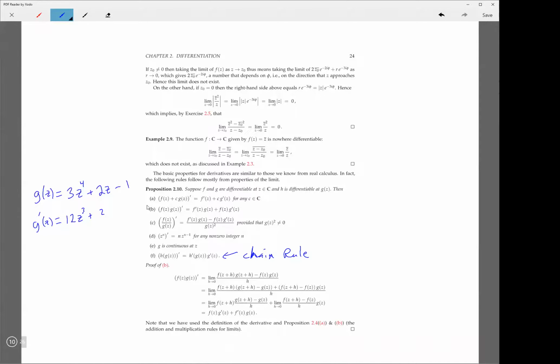But if it's like sine or cosine or a polynomial, or an exponential function, e to the z, and it's in z as opposed to x's and y's, or a combination of those, then it's going to be differentiable, and the formula is going to be the same as what you had before. Okay, so let's move along.